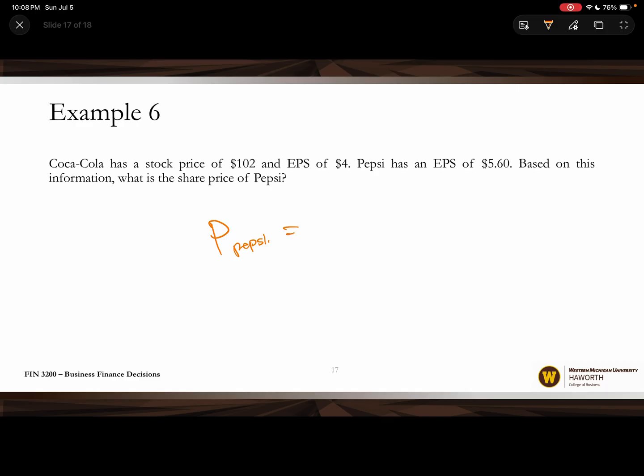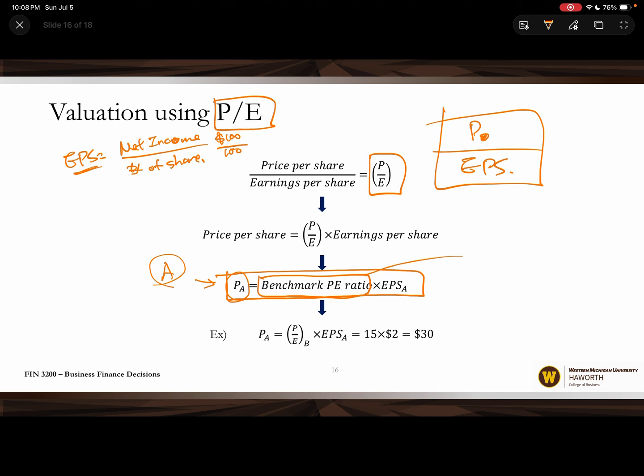We do that by looking at the PE ratio of Coca-Cola and then multiplying it by the EPS of Pepsi. So we're trying to estimate the value of A by using the earnings information of A, which we need, and multiplying it by the PE ratio of a publicly listed benchmark. The calculation is real simple.